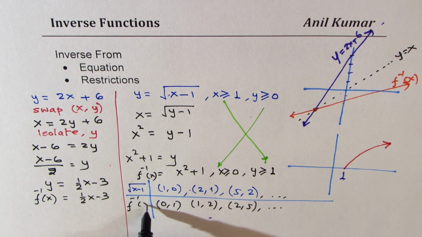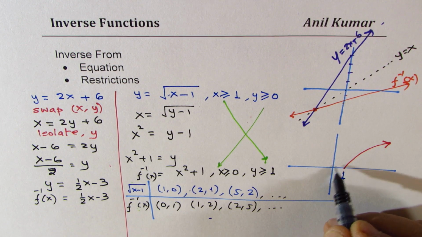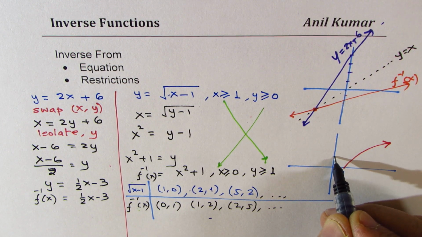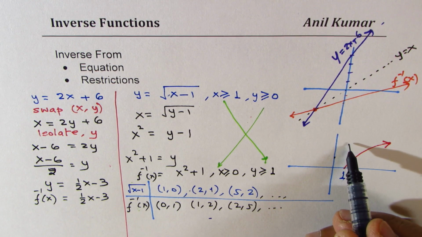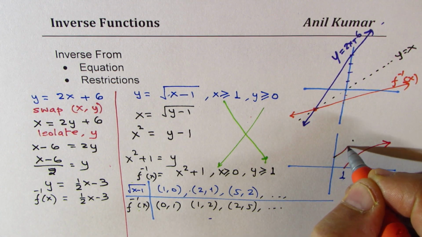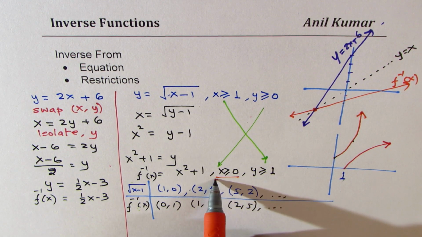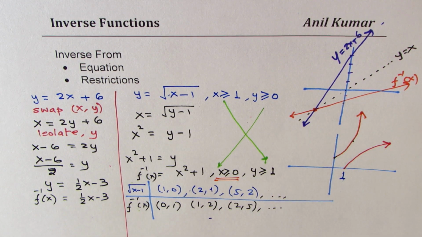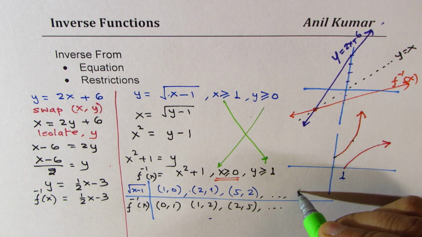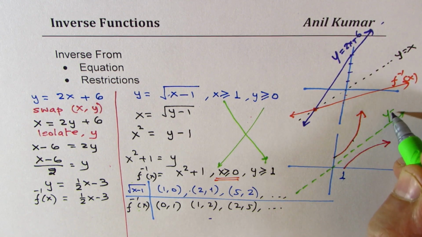Let me write like this. So at 0, I'm getting a value which is 1, kind of like this. At 1, I'm getting a value which is 2. So what you will find here is that the graph of the inverse function actually is a parabola which is only this side of the graph, where x is greater than or equal to 0, and it could be graphed by taking reflection on the line y equals x.